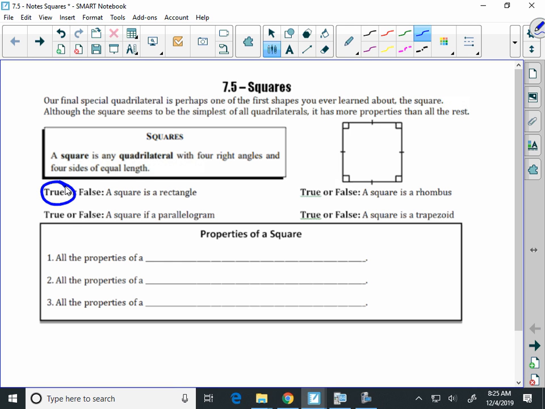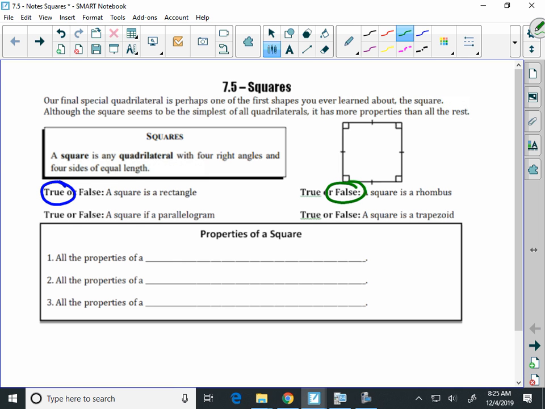A square is a rhombus. Well, the thing about the square is a rhombus is that a square does have 4 congruent sides, but a square must have 4 congruent angles, 4 right angles, and a rhombus does not. So, I'm going to go false on that one.